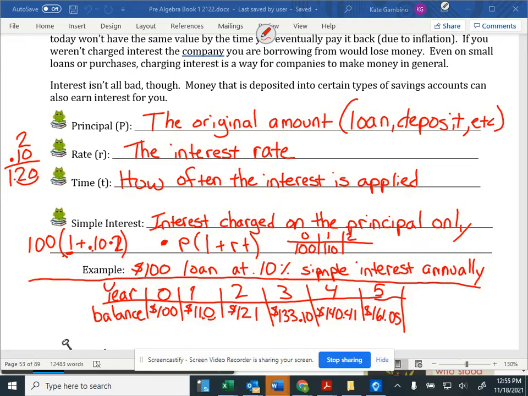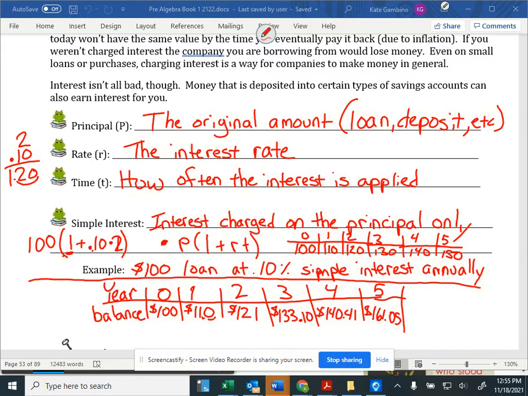Year 2 would be 120. Year 3 would be 130. Year 4, 140. Year 5, 150. That is for the simple interest. We moved down into the compound interest because they morphed into each other in my manual.